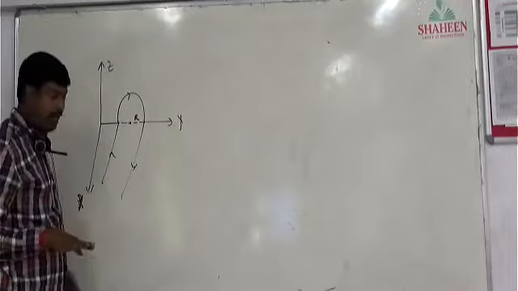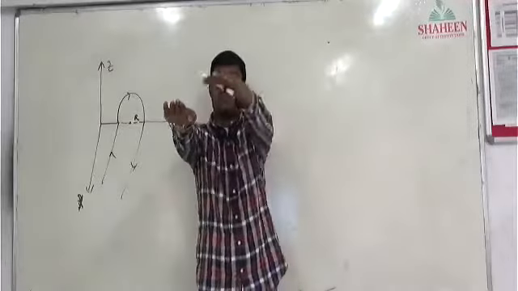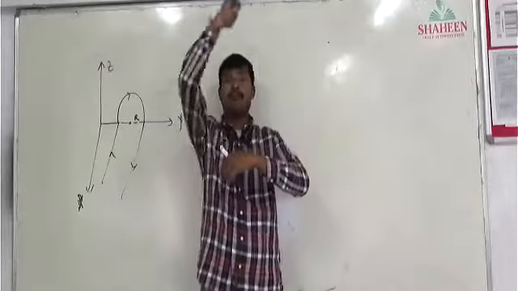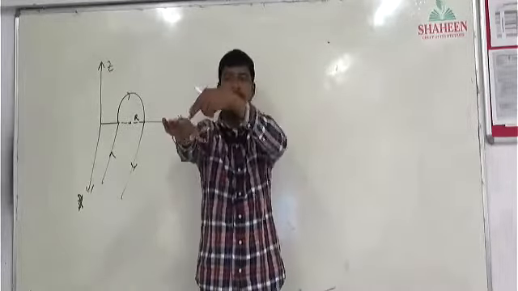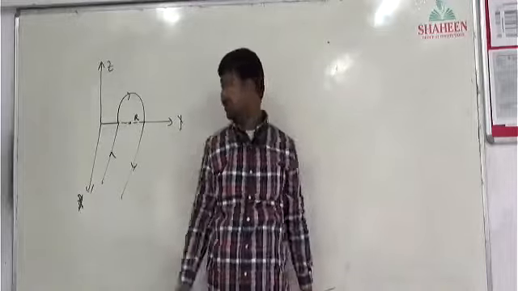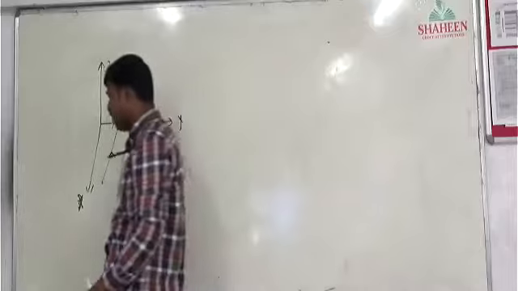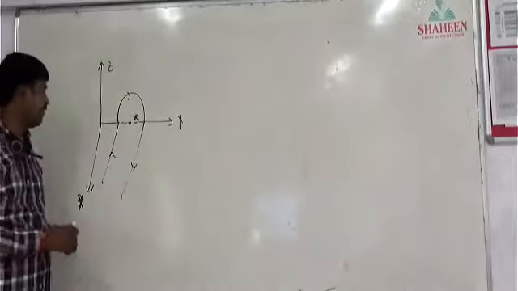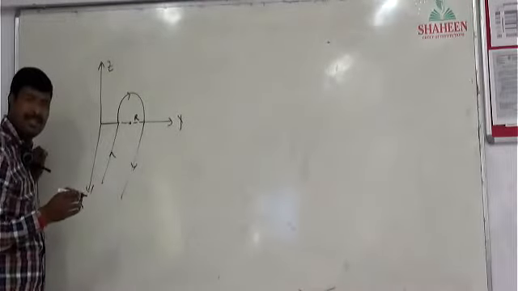Current is coming here, a semicircle is there, and it goes like this. This is coming outward. So they want to find what is the net magnetic field at this point.